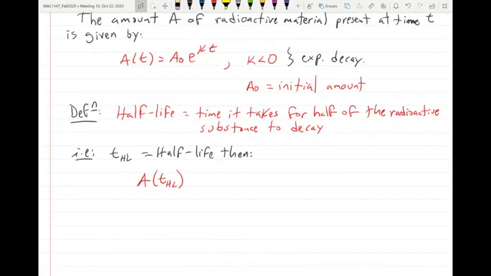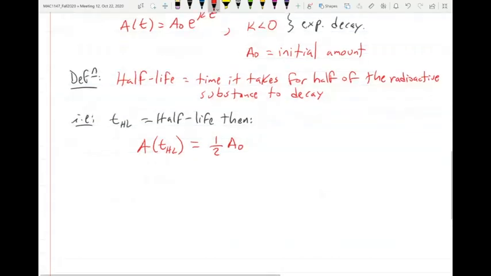So we have A of t is equal to A0 times e to the kt, because this is the half-life, this is the amount of time it takes for the original quantity, the initial quantity, to decay by 1/2. So this better be equal to 1/2 the original amount. Remember, in the doubling time, it was the time that it took to double itself, so it's equal to 2 times the initial amount. This time is 1/2 the initial amount.